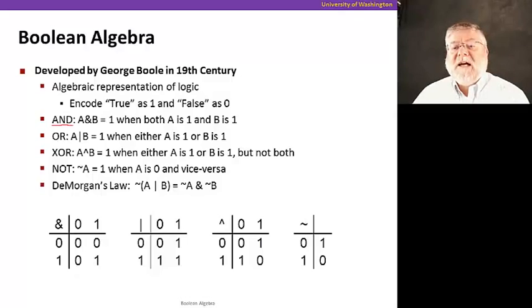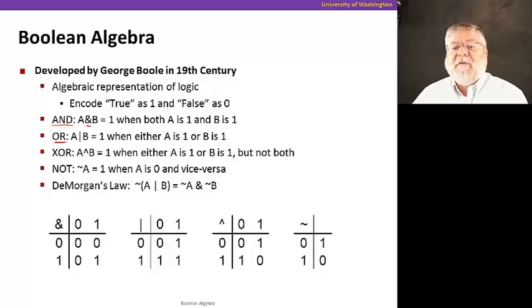A very important one is the logical AND, often represented with an ampersand as an operator. That says if the variable A and the variable B are true, then the product of their values in Boolean algebra is also true. So A and B is 1 when both A is 1 and B is 1.